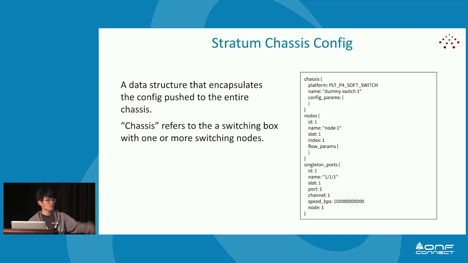These are very simple examples. We also support things like trunk ports and so on. Stratum also allows you to push the entire chassis config via gNMI, and we'll talk later about how we push or read the entire chassis config from Stratum.